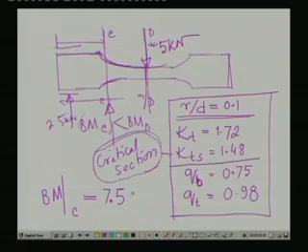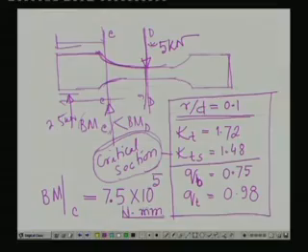This dimension is 300. So it is 7.5 into 10 to the power 5 Newton millimeter. Please look once again that you should keep these units: I am putting all the force units in Newton, all the dimensions in millimeter, so the stresses handled will have the units in megapascal.